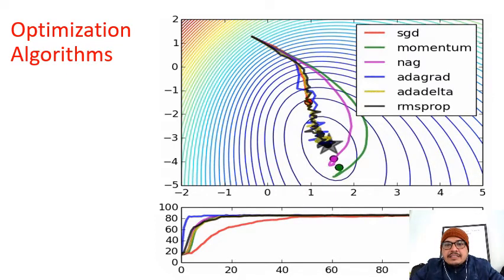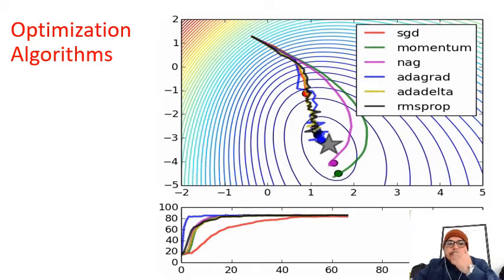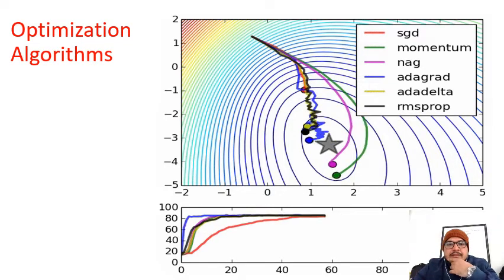For example, in this case, this black one, RMSProp, is converging faster than any other one to the unique minimum. But this blue one, which is AdaGrad, gets into the closest proximity at first, right? There are a lot of variants available on gradient descent, which people adapt for their own purpose. And mostly if you are in the deep learning or neural network field, most of the time people end up using AdaGrad, right?